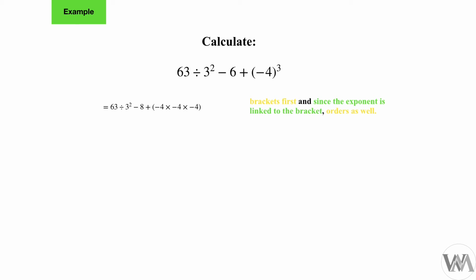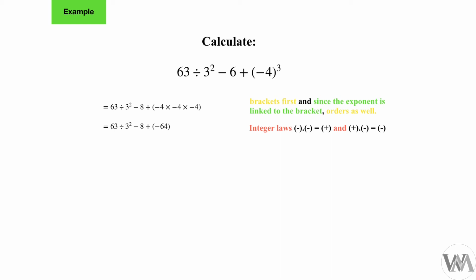So we have -4 times -4 times -4 inside of our bracket. Now we're going to use our integer laws again, and we're going to see, okay, so when I multiply -4 with -4, I'm going to get a positive. Then when I multiply that positive number with the third -4, I'm going to get a negative. 4 times 4 times 4 equals 64.